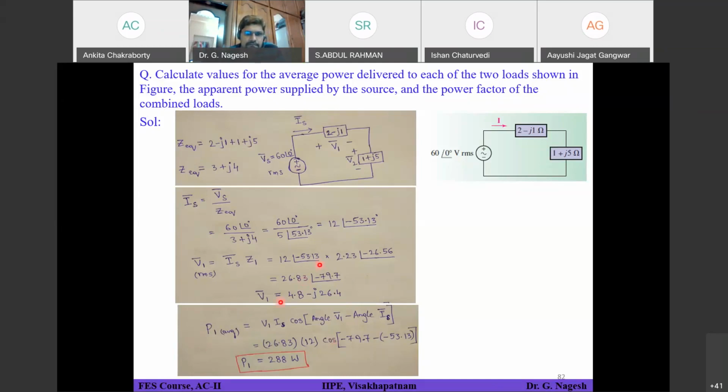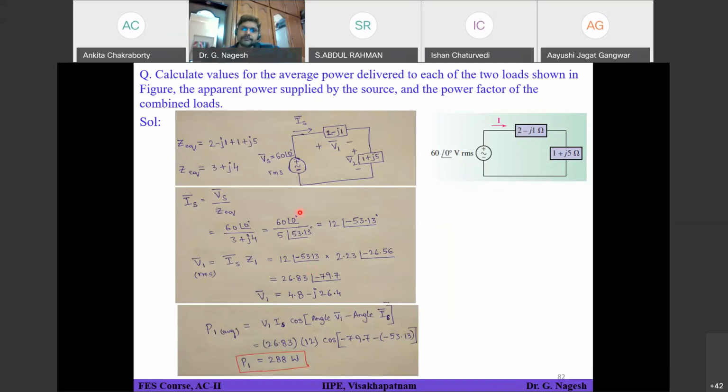V RMS, V square divided by R should give the same answer. I square into R is one thing, and anyway, I'll come back to that. It should give the same answer. I will check it out.